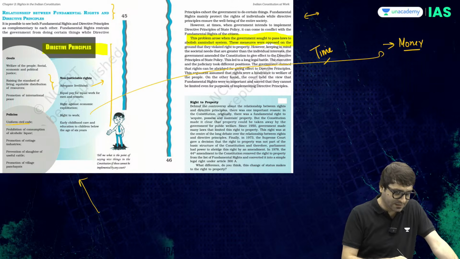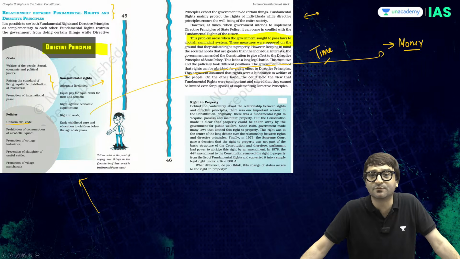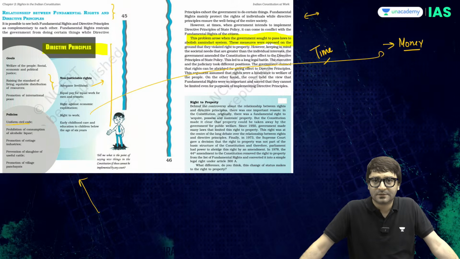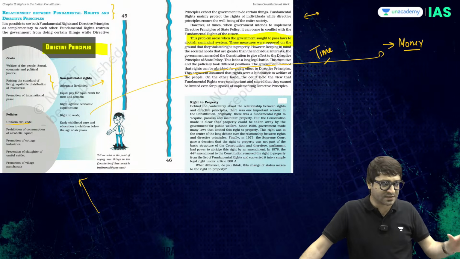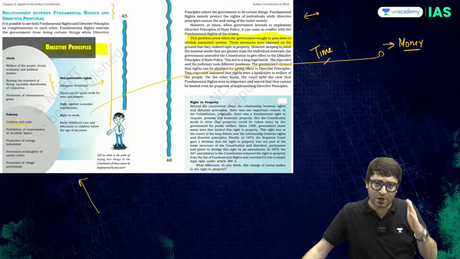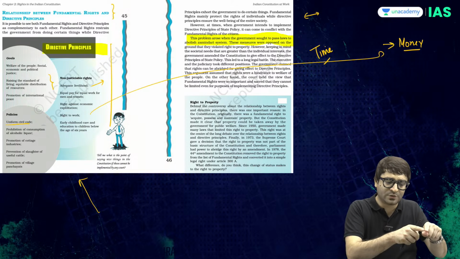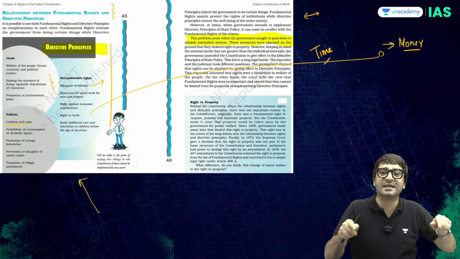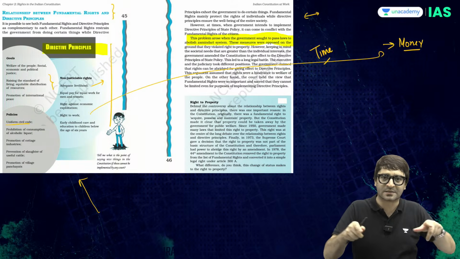That's when the zamindari system was to be abolished. Land reforms were to be implemented. Because these zamindars would own massive acres of land. But the government decided that we should abolish the zamindari system and distribute this land among the landless workers.